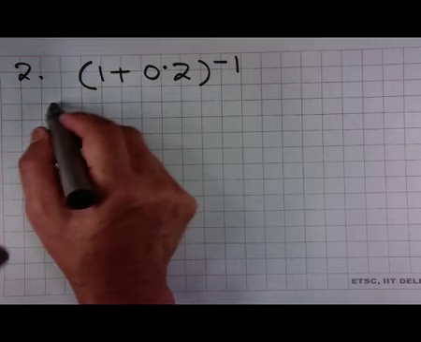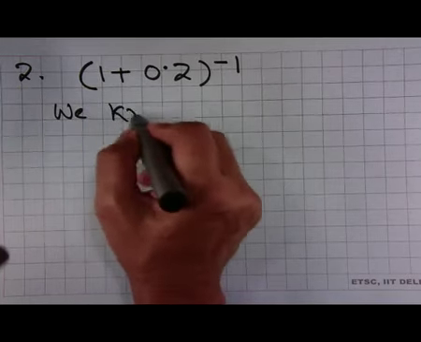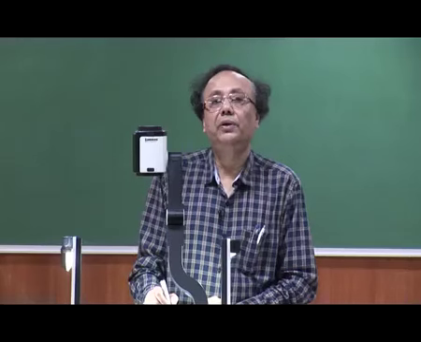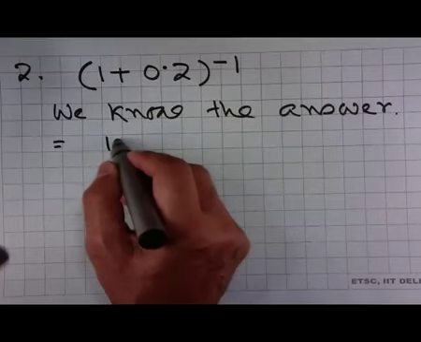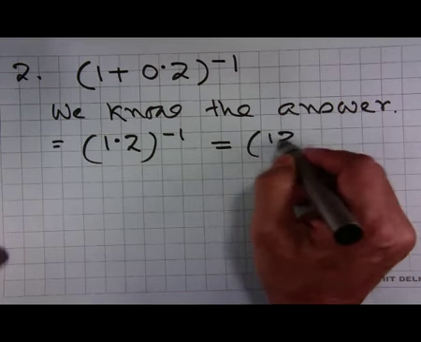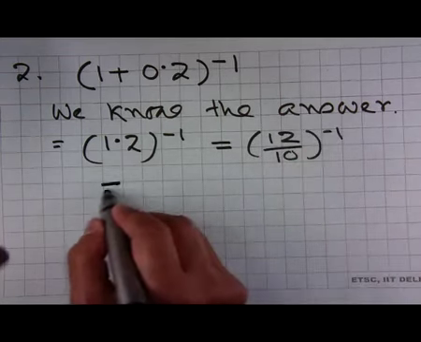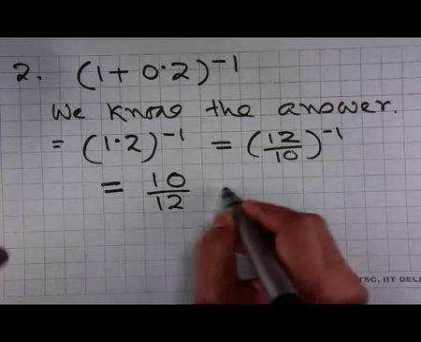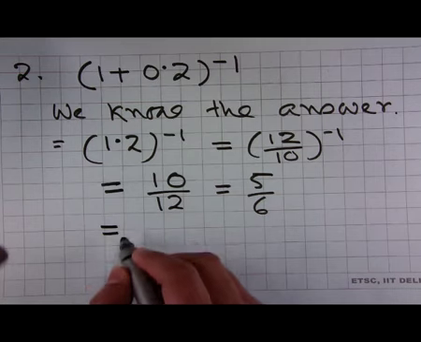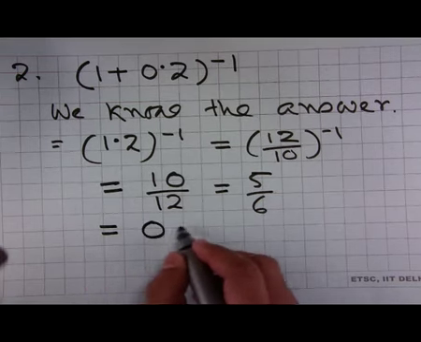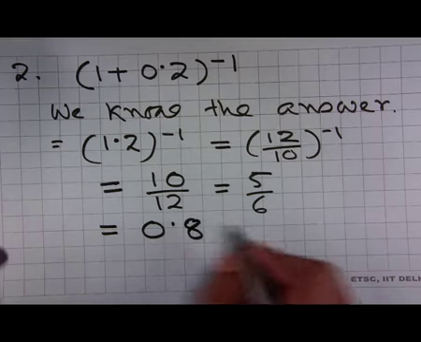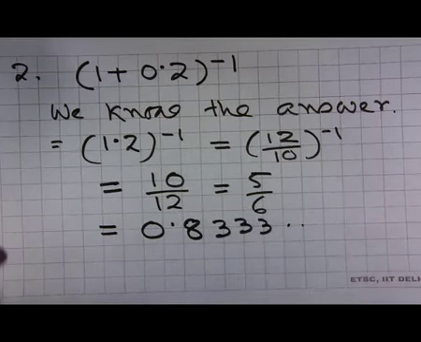We know the answer, because this is 1.2 inverse, which is equal to (12 upon 10) inverse, which is equal to 10 upon 12, which is equal to 5 upon 6, which is equal to 0.8333 like that.